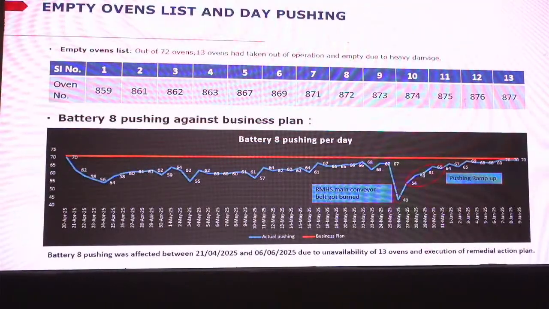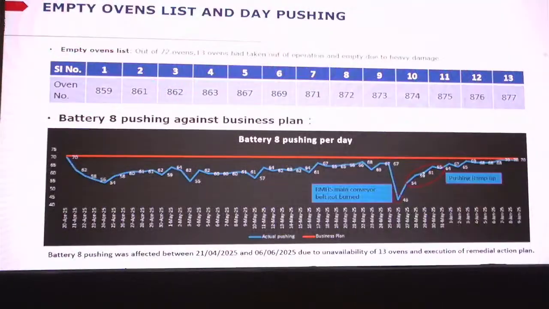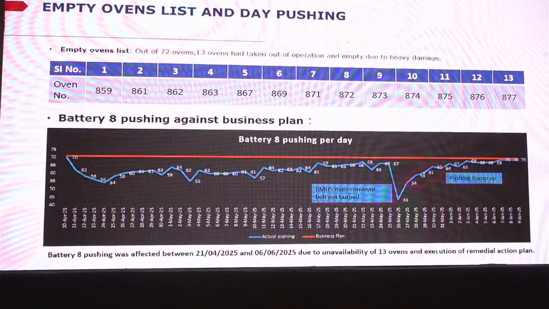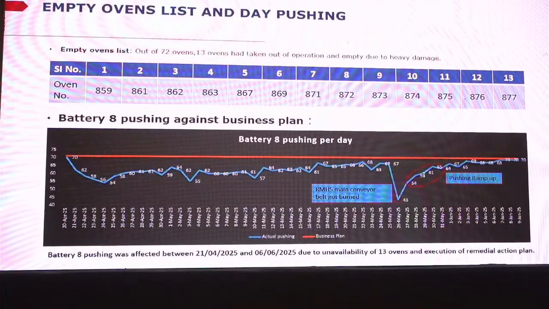So due to heavy flames, out of 72 ovens, 13 ovens had to be taken out of operation due to heavy damage. So this is our business plan, affected between 21 April and 6 June 2022 due to unavailability of the 13 ovens and execution of the remedial action plan.